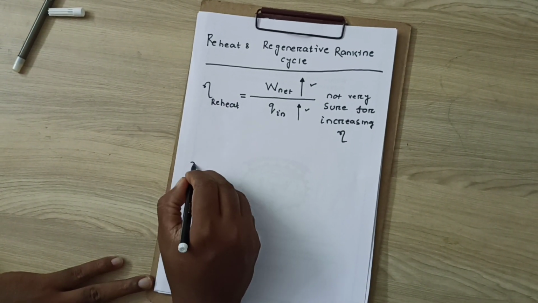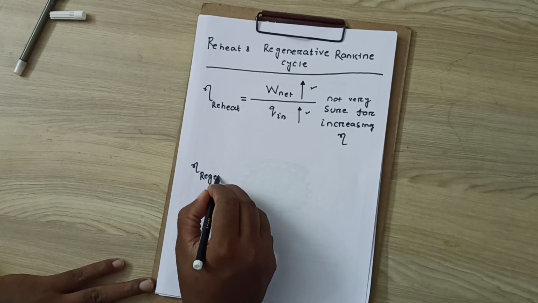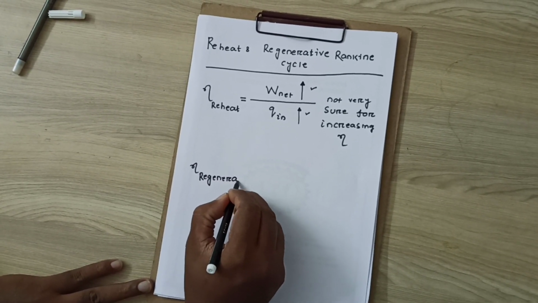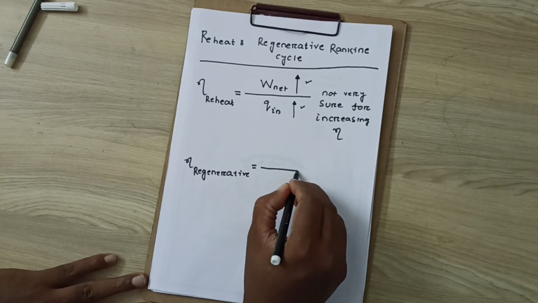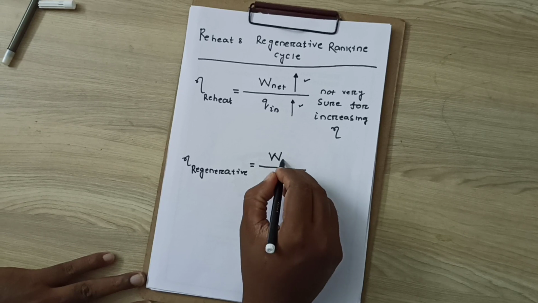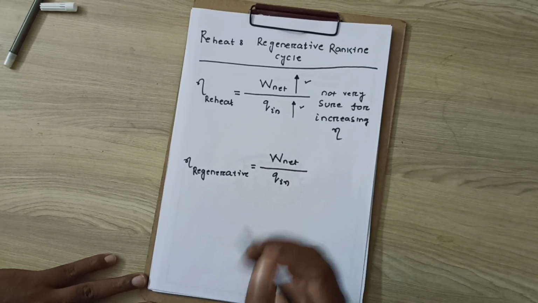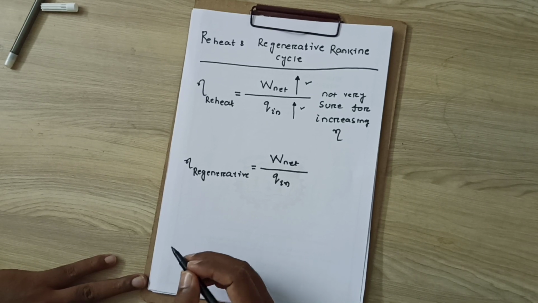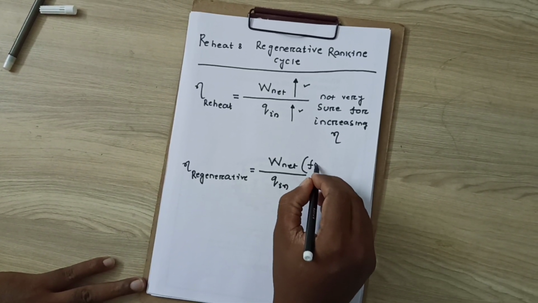Then we covered eta regenerative. Here, in a broader sense, the efficiency is also like this: W net divided by heat input. Here we have used only one turbine, so this W net is fixed.